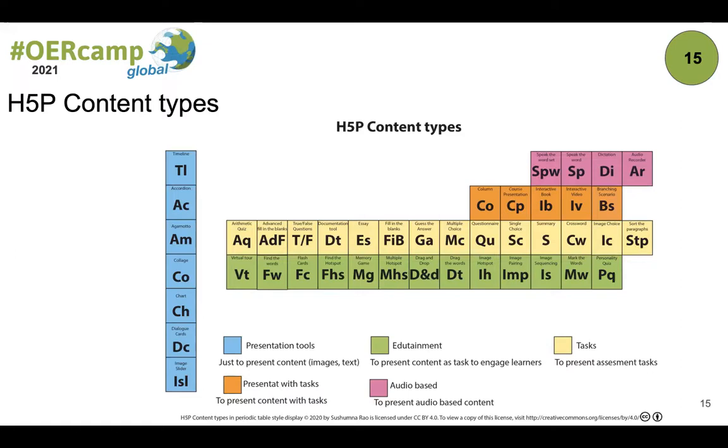I thought, why don't I get inspired from that and develop some other kind of periodic table where I can segregate these H5P content types, like how we can utilize them as a presentation tool, or present with a task, or just use it as a task to engage my learners.